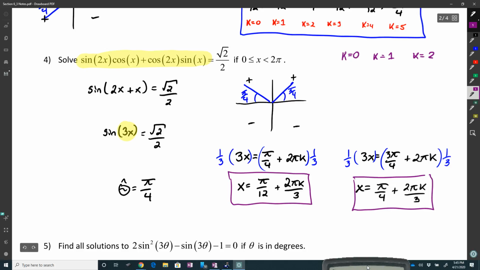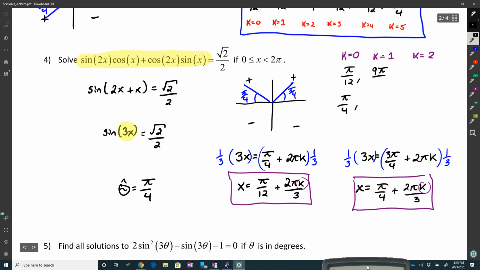So if k equals 0, meaning that if I plug 0 in for k, I end up with just pi over 12, and then the other answer would be pi over 4. If I plugged a 1 in, I already did this ahead of time, we would get 3 pi over 4.